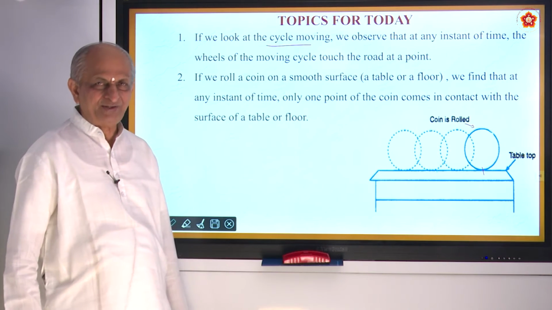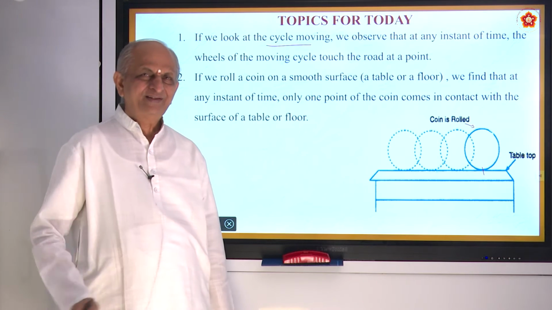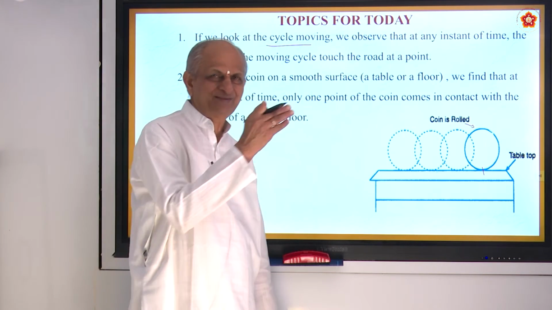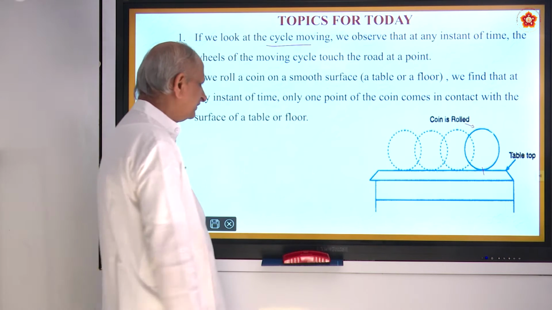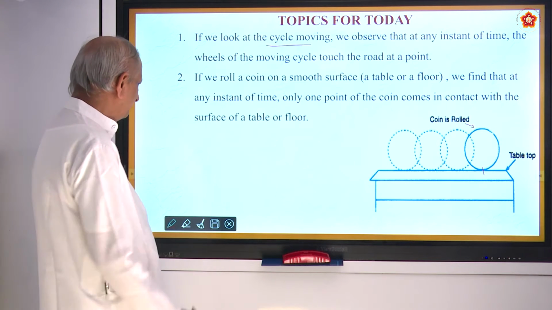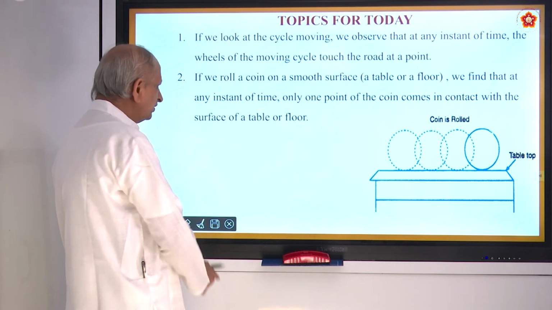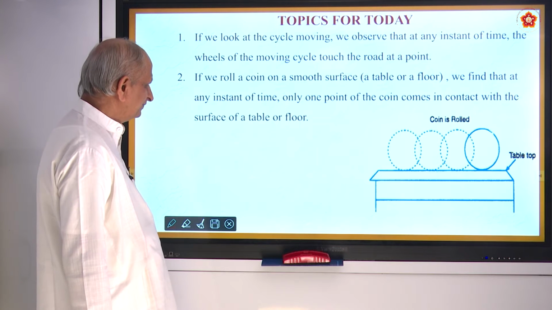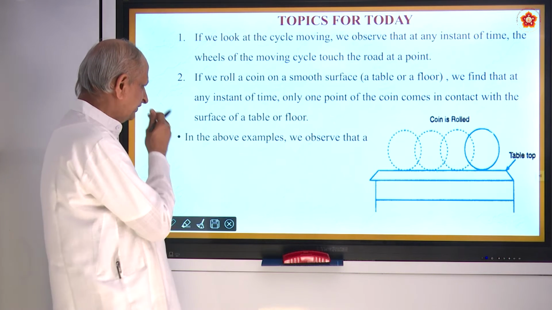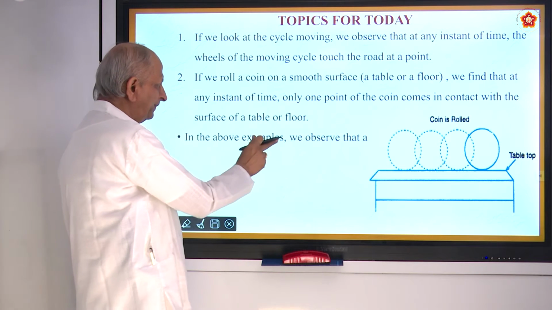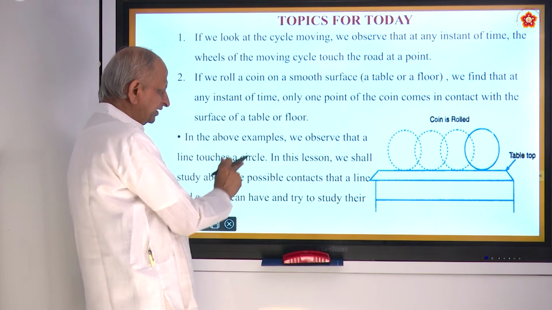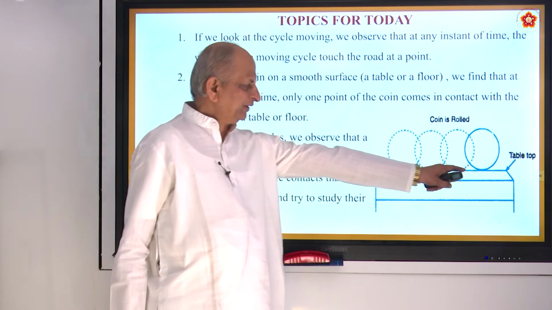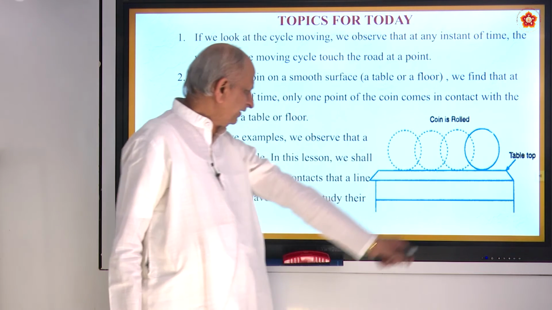And if you consider the road as a line, the circle moves on the line and it touches at one point. Some name is to be given for that, right? So that is what we have to discuss today. Here are some cases. In the above examples, you observe that a line touches a circle, so this we consider as a line touching the circle.